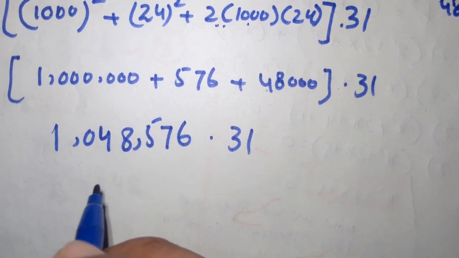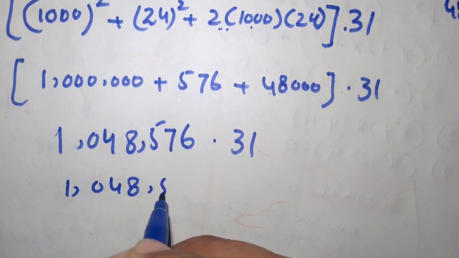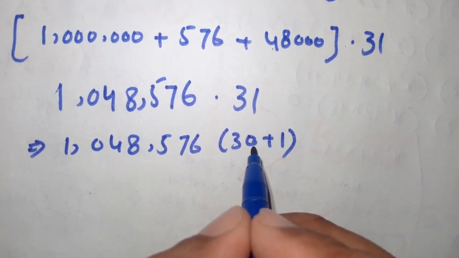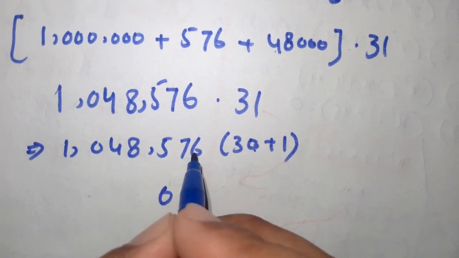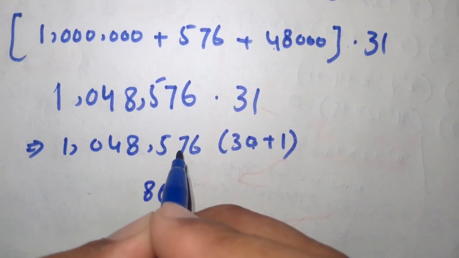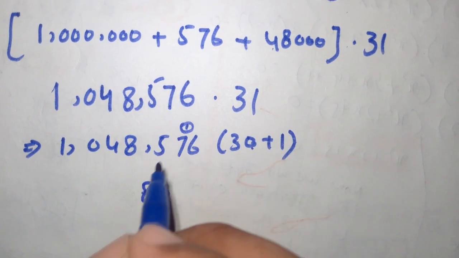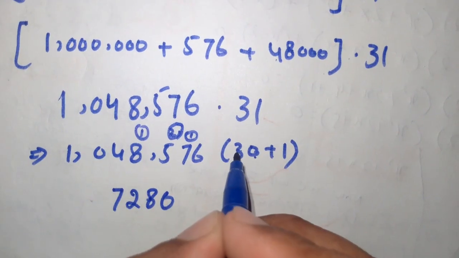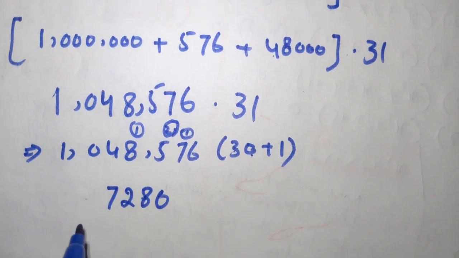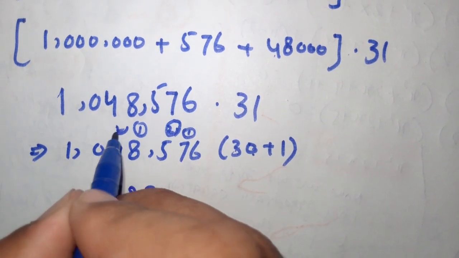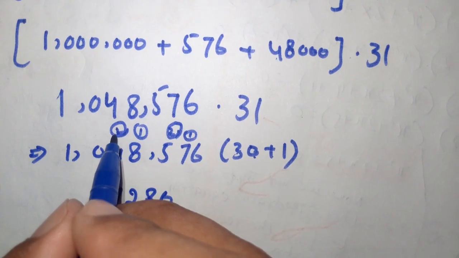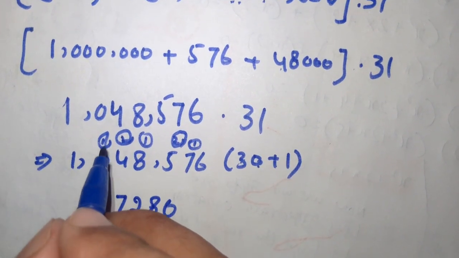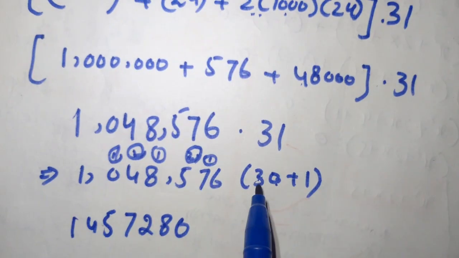We multiply it as 1,048,576 into 30 plus 1. 0 multiply this number is equal to 0. 3 multiply 6 will become 18, carrying 1. 3 multiply 7 is equal to 21 plus 1, 22, carrying 2. 3 5s are 15, 17, carrying 1. 3 8s are 24 plus 1 is equal to 25. 3 4s are 12, 14, carrying 1. 3 zeros are 0 plus 1 is equal to 1. 3 zeros are 0 plus 1. 3 ones are 3.